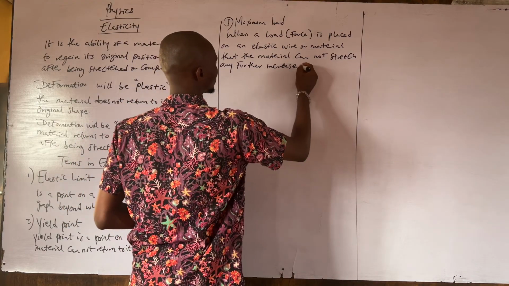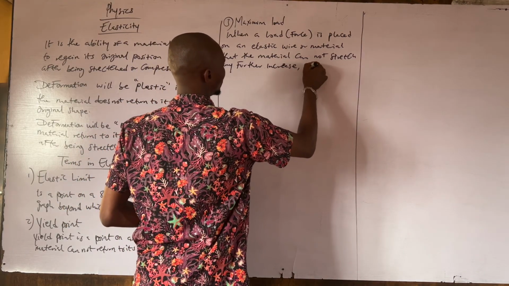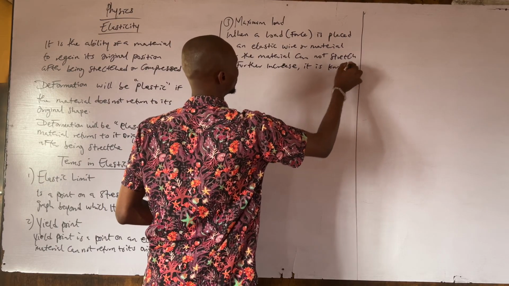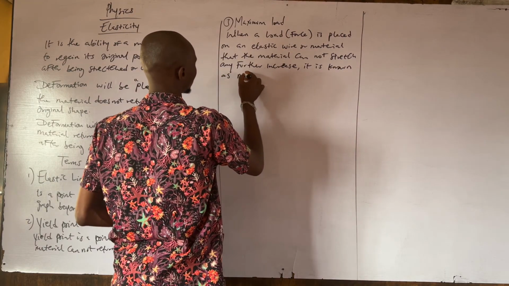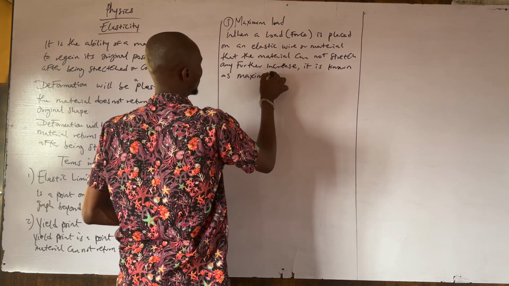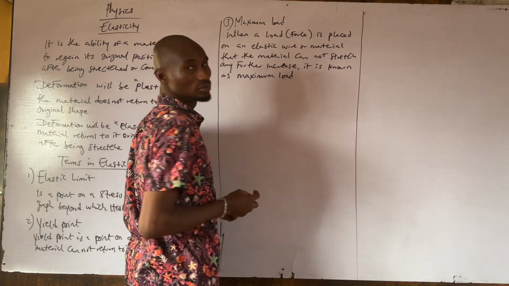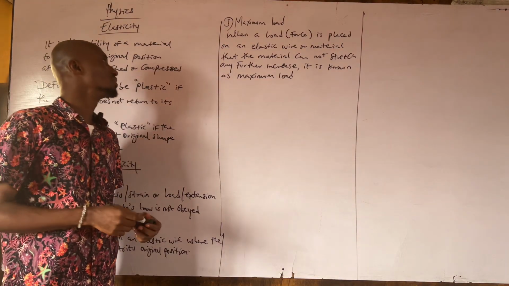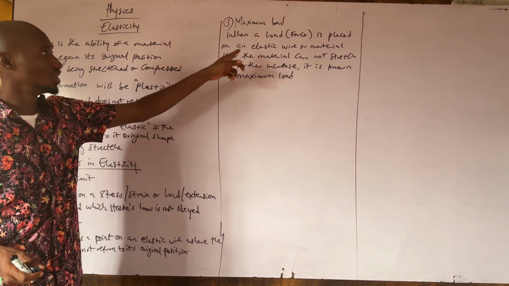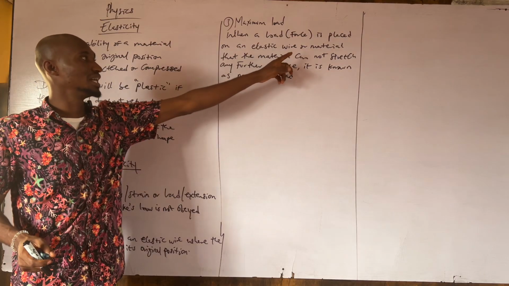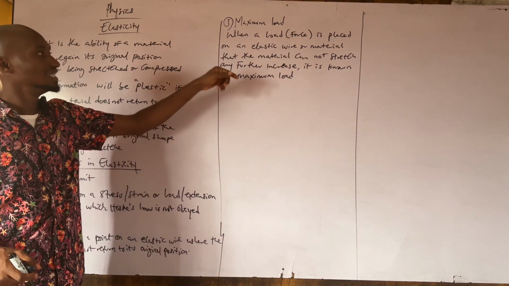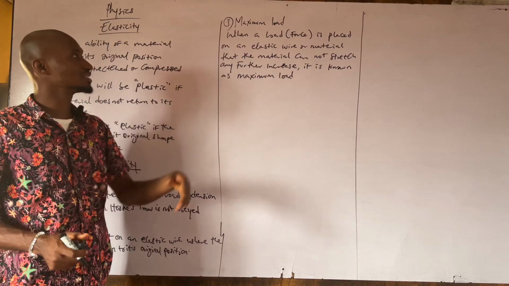It is known as maximum load. Do you understand? When a load or a force is placed on an elastic wire or material and the material cannot stretch any further increase, it is known as maximum load.